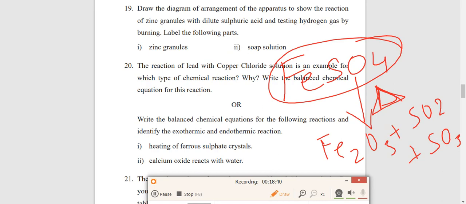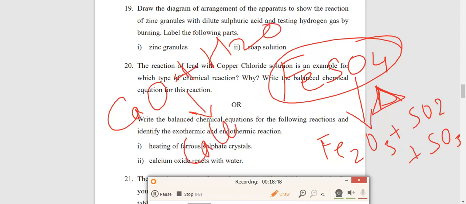Exothermic reaction. Next is calcium oxide, CaO, will react with water, H2O. What product we will get? We will get calcium hydroxide, Ca(OH)2.